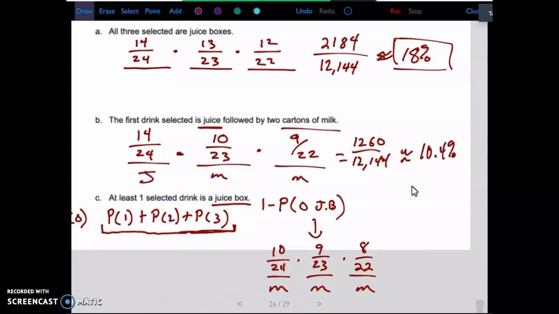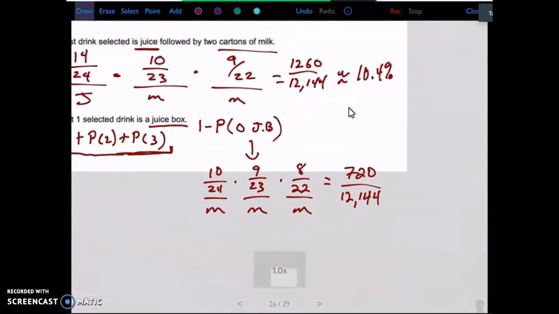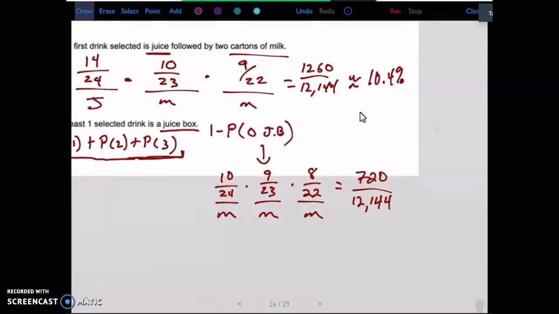10 times 9 times 8 gives me 720 over 24 times 23 times 22. That gives me 12,144. So the probability of not getting any juice boxes is 720 divided by 12,144, about 6%.